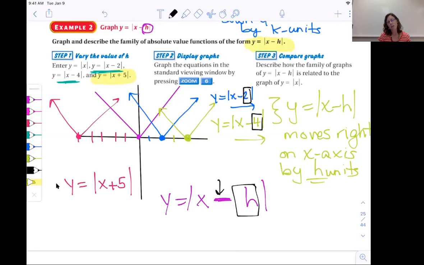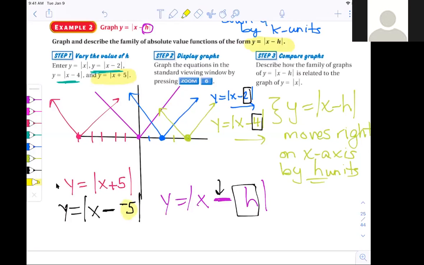So Valerio, if this says x plus 5, and I wanted to change it to a minus sign, this is really saying x minus what? -5. A -5. So why does it move to the left, Valerio? Because the actual value is -5.